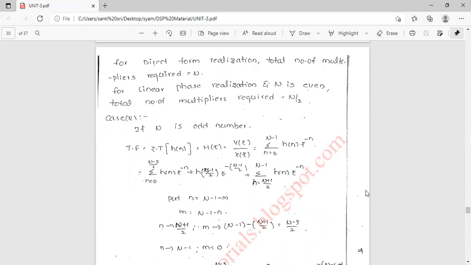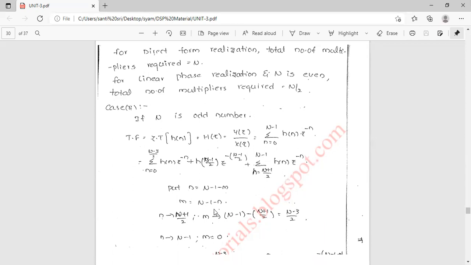If N is odd number, then H of z equal Y of z by X of z, then it will become sigma n equal 0 to N minus 1. So this is same. But here it will be divided as sigma n equal to 0 to N minus 3 by 2 h of n into z power minus n plus h of N minus 1 by 2 into z power minus N minus 1 by 2 plus sigma n equal to N plus 1 by 2 to N minus 1 h of n into z power minus n.